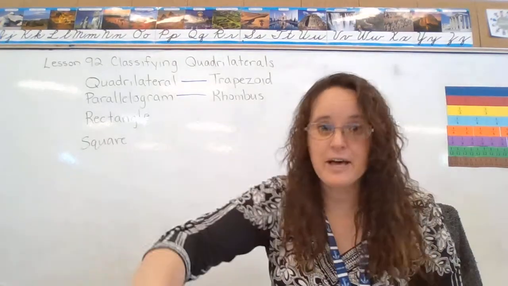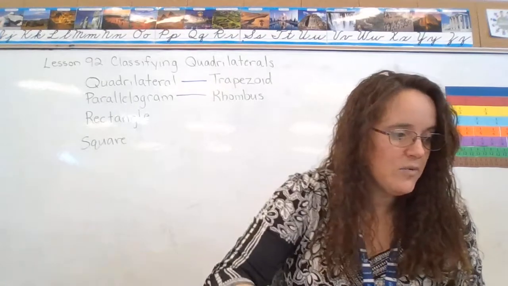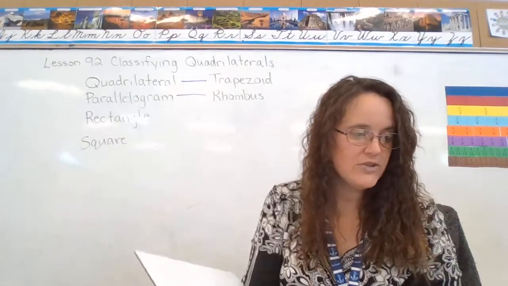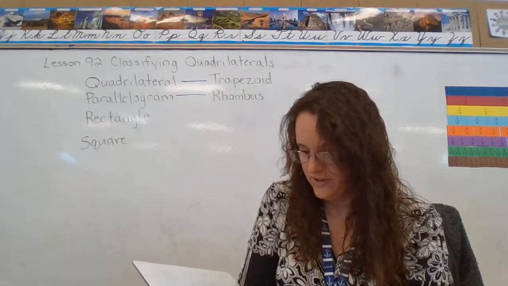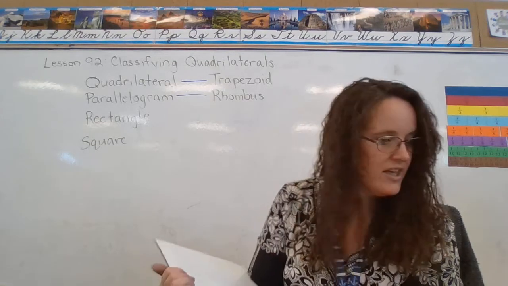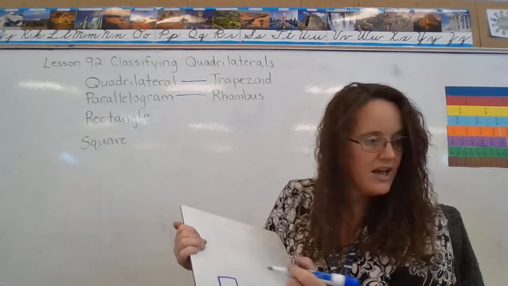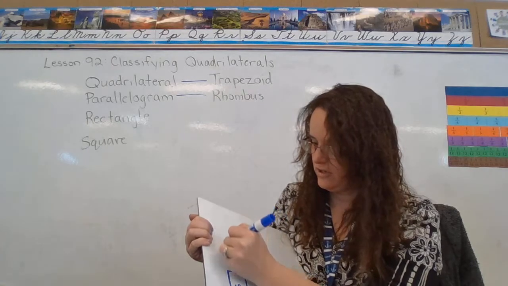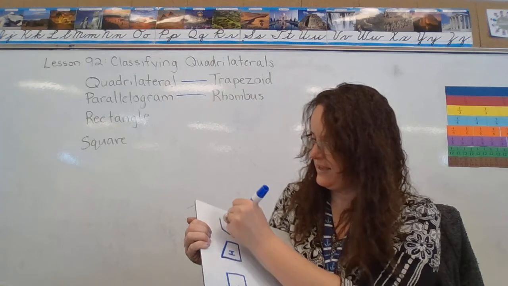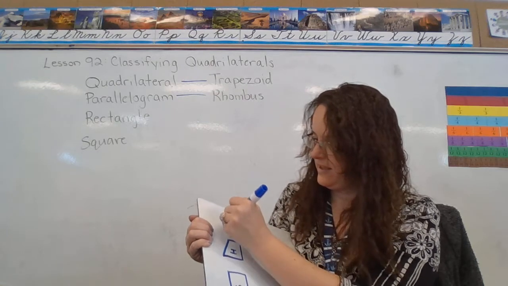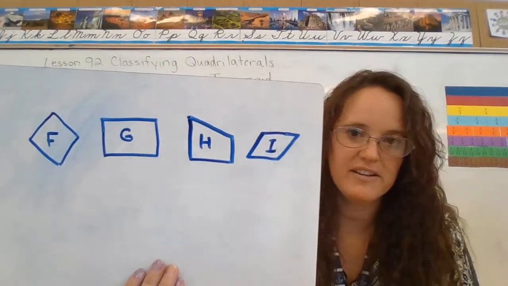All right, I have a couple examples for you that go along with this information, starting with which of these quadrilaterals is not a parallelogram. So they're going to give you F, G, H, and I. Which of these is not a parallelogram?